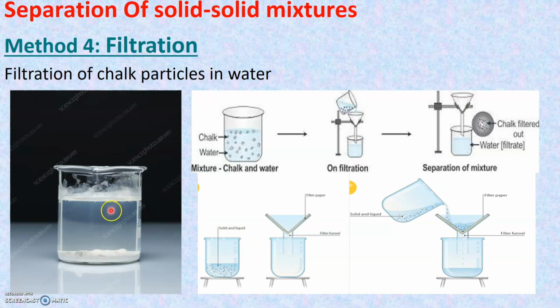Now, as this mixture is added into this funnel that is fitted with filter paper, as you see here, all the solid chalk particles will settle in this filter paper and the clear water is collected at the bottom. Thus, we can separate chalk from water. Chalk is filtered out in this filter paper like how you see here, and it is otherwise called residue, and the clear water that is collected below is called filtrate.